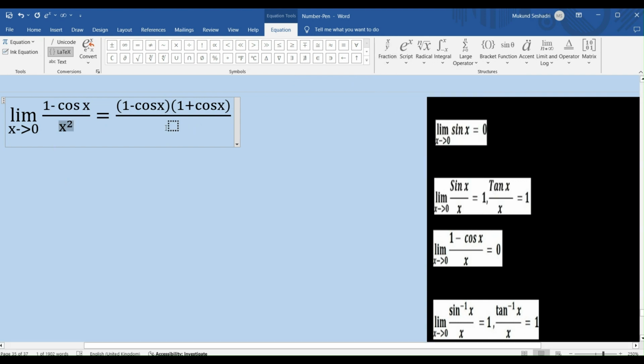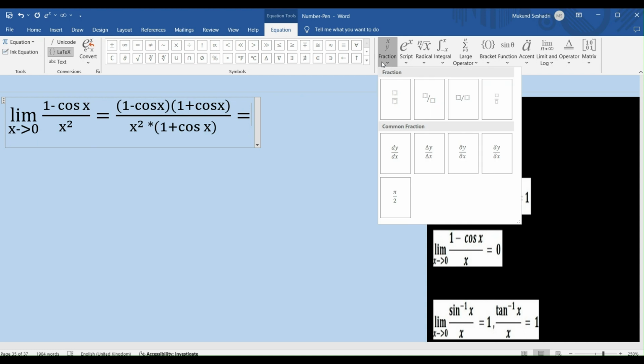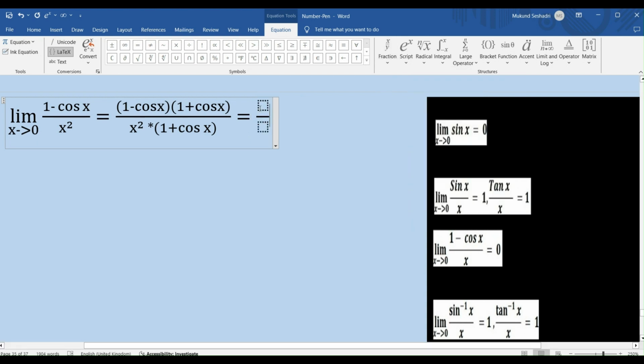So let me copy x squared here, and I'm going to write it as 1 plus cos x, right? So 1 minus cos x into 1 plus cos x, right? What is that? Your a minus b into a plus b, right? Where your a is 1 and your b is cos x. So that transforms our expression as 1 minus cos square.